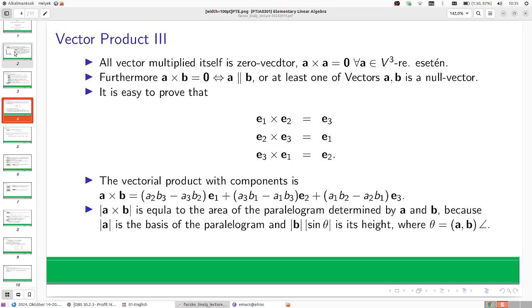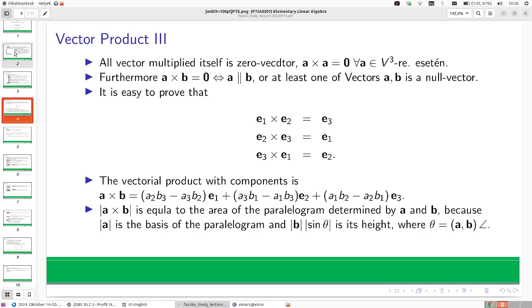Okay, so the A cross B vector product is a way to calculate the area of a parallelogram.